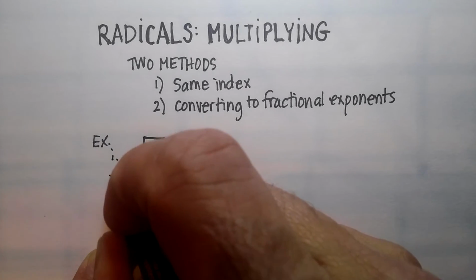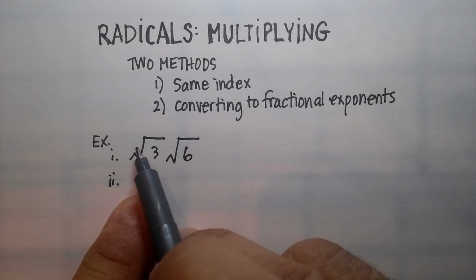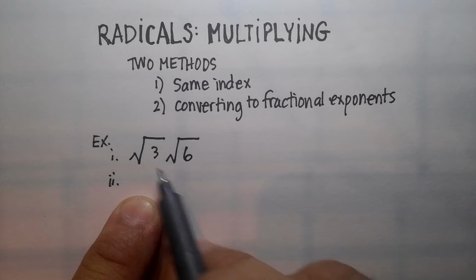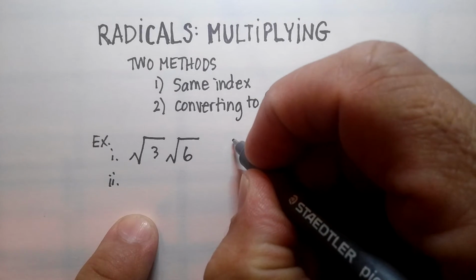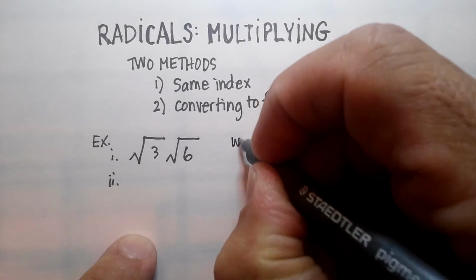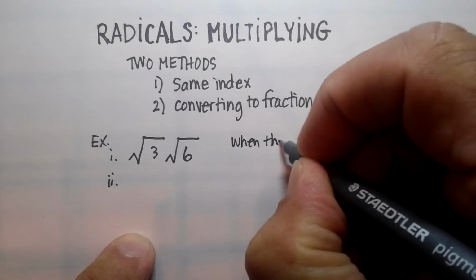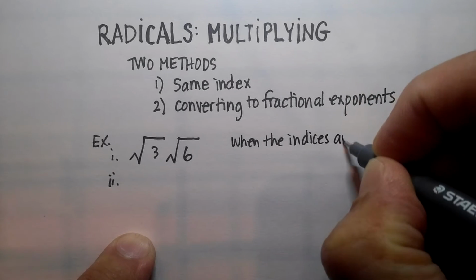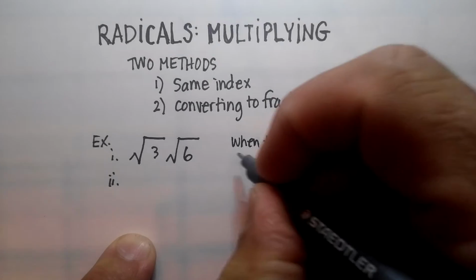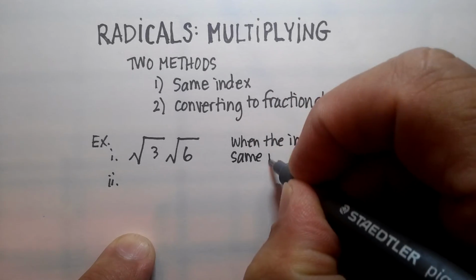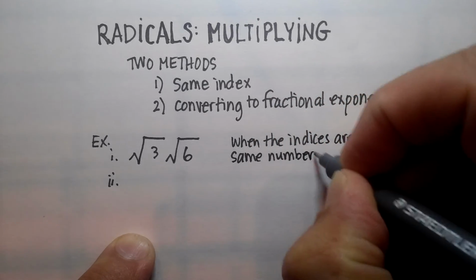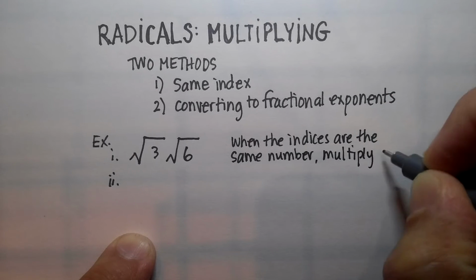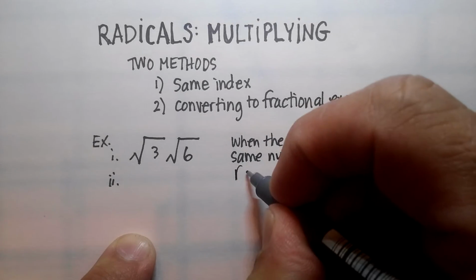And these are probably some of the easiest ones to do, because when the indexes are the same, you simply multiply the radicands. Okay, so let me just say that again, and let me just write this out. When the indices are the same number, multiply the radicands.